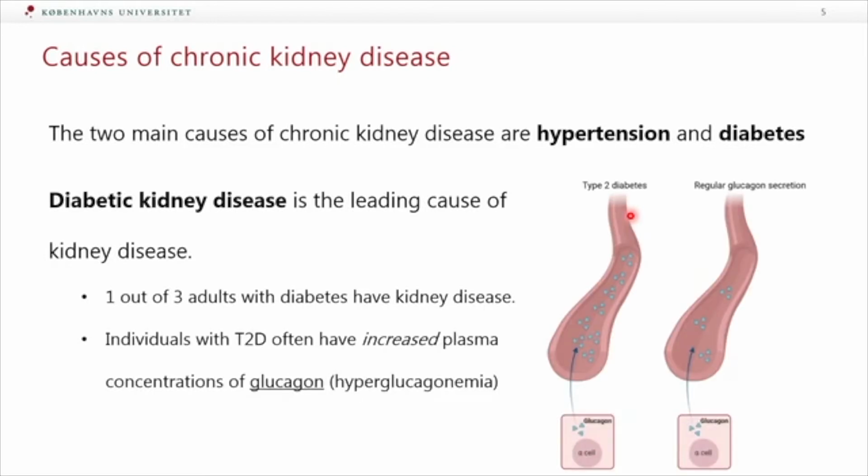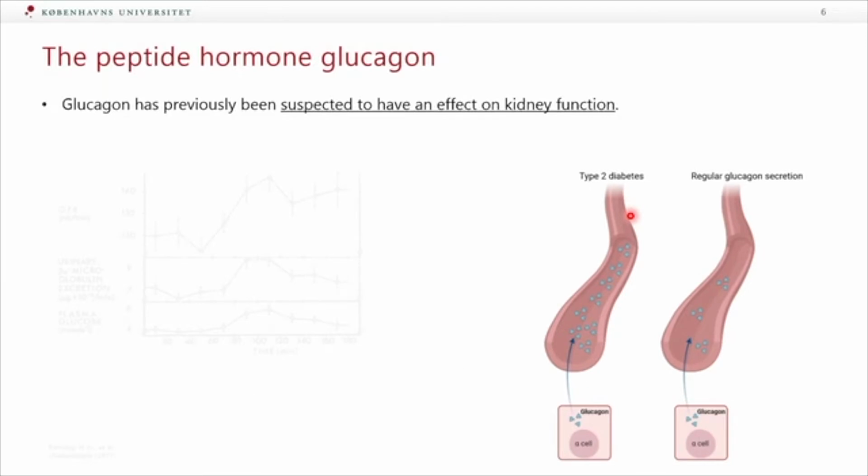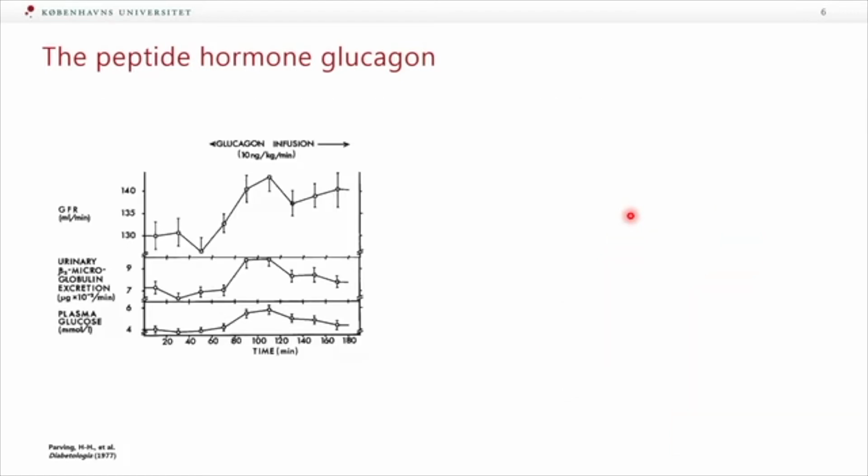And a common factor for these individuals with type 2 diabetes is that they have increased plasma glucagon levels. And glucagon has previously been suspected to have an effect on kidney function. Already back in 1977, it was shown in healthy males that when given a glucagon infusion, it increased the glomerular filtration rate and protein excretion.